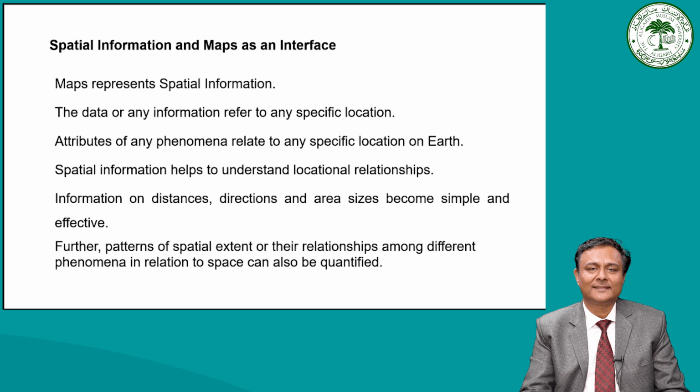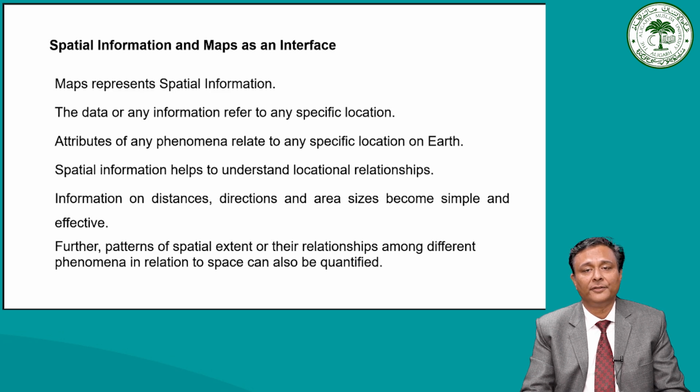This simply means data or any information that refers to a specific location. It also means that the attributes of any phenomena relate to a specific location on Earth. This way, spatial information helps its users to better understand locational relationships.